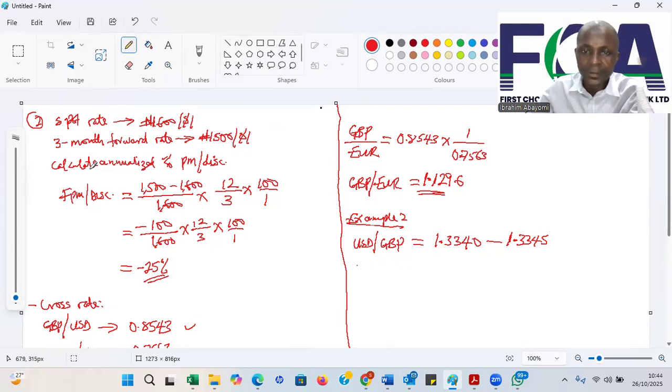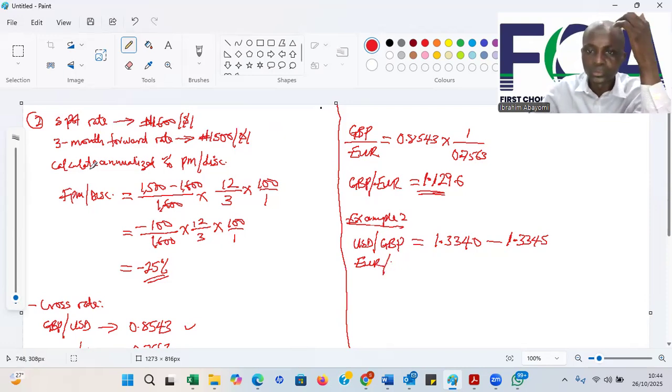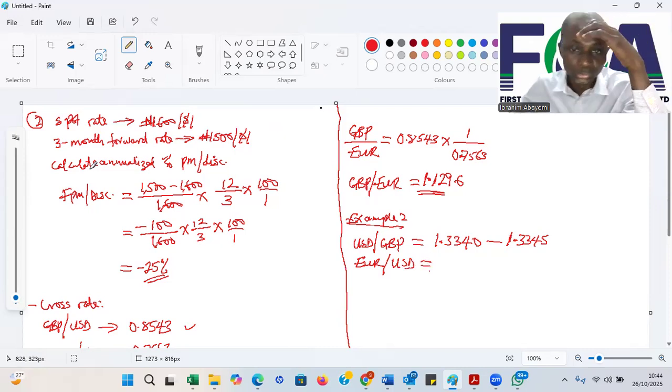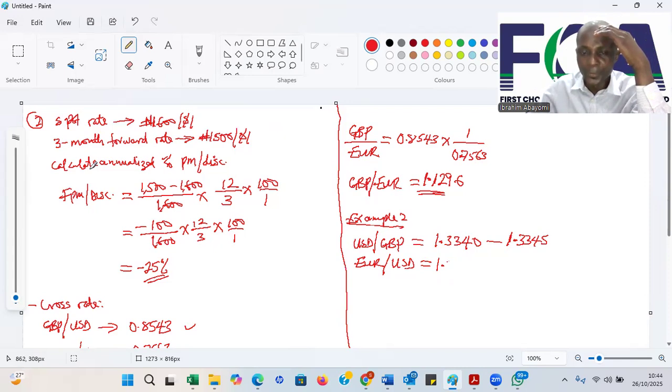And we now have euro to USD, let's say, 1.2164 to 1.2344.